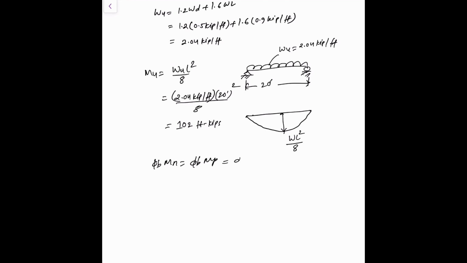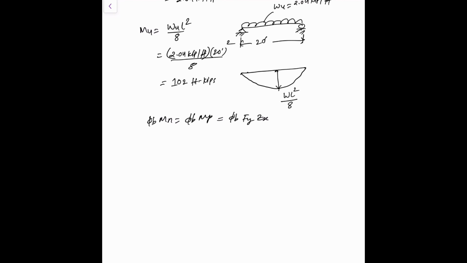So phi b times the nominal moment equals phi b times the plastic moment, which equals phi b Fy Zx, the plastic section modulus. The value of phi b for a flexural member is 0.9, as given in the AISC Steel Construction Manual.